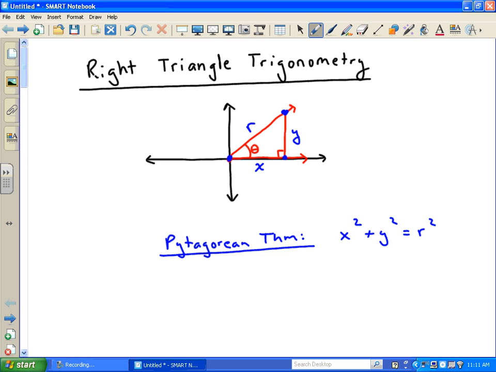Now, from this particular point, I will define 6 trig functions off of these 3 sides, x, y, and r. So, trig function definitions.